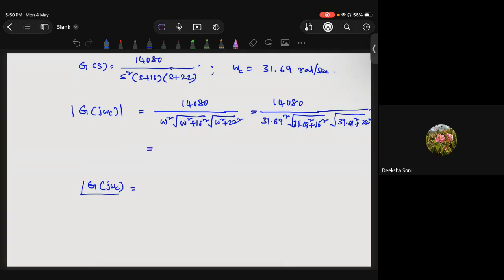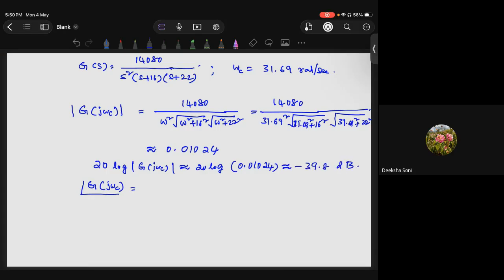If you do all these calculations, you will get approximately 0.01024. That is the magnitude. So 20 log of mod G of j omega c is approximately 20 log 0.01024, which is almost equivalent to minus 39.8 dB.